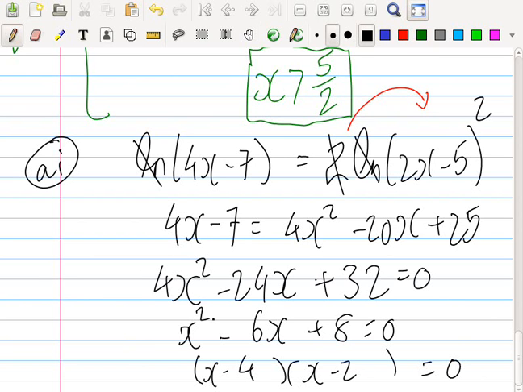So I get 2 answers, 2 or 4. But you can see x needs to be more than 2.5. So I can't actually use this answer. I have to reject this one. I can only use this answer, x equals 4.